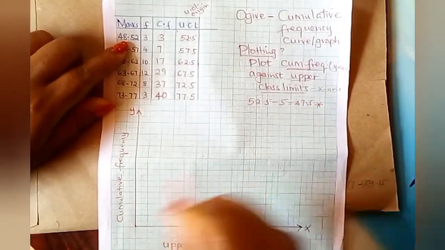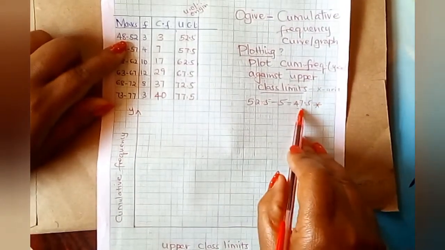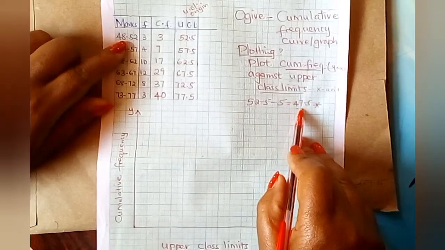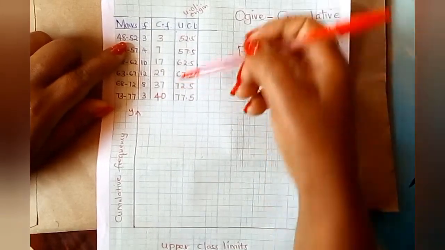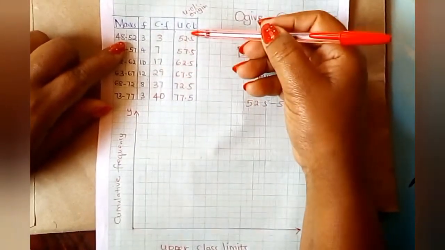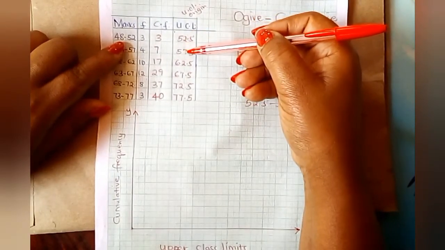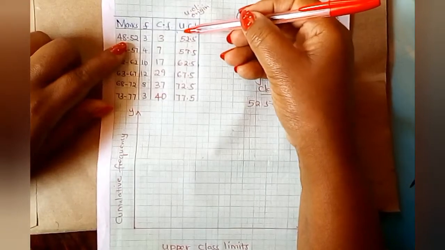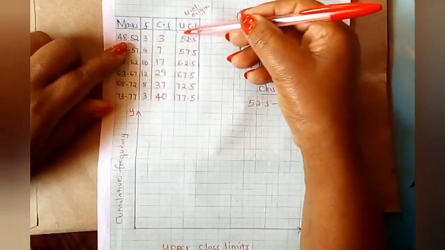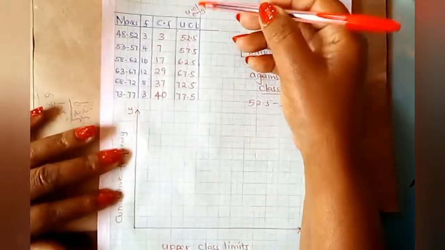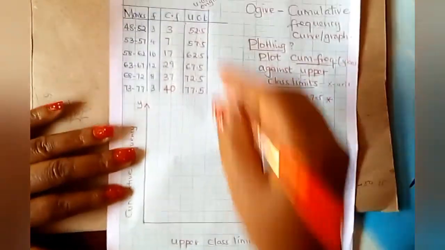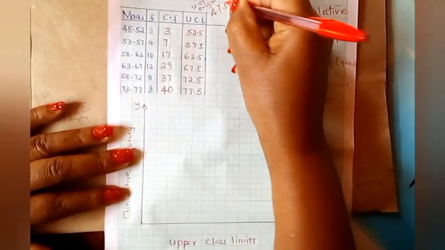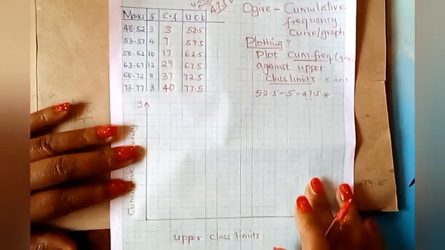This is the one that you'll fix at the origin. It is good to note that. I repeat, you look for the difference between one UCL to the other. In this case, it is 5. So you take this, you minus the 5. And therefore, 47.5 is the UCL that will fix at the origin.